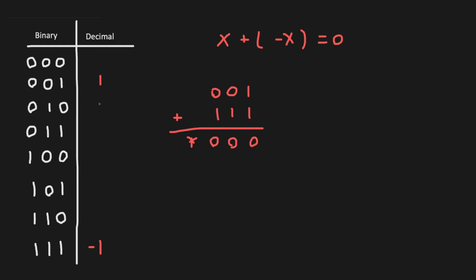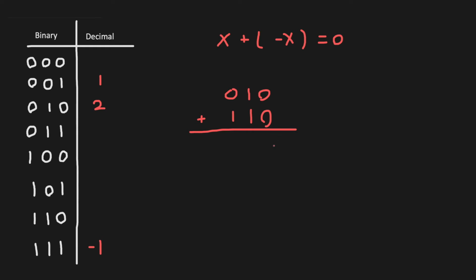Similarly, let's look at 2. So 2 is 0, 1, 0. And we see that if we add it with 1, 1, 0, we again get this number.